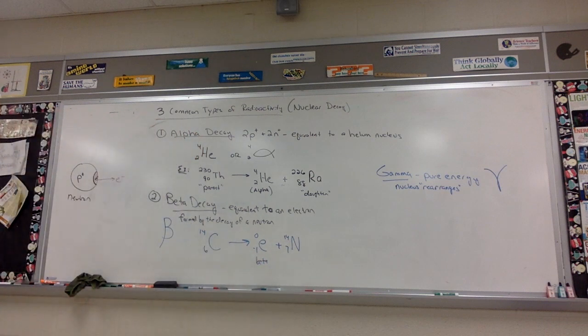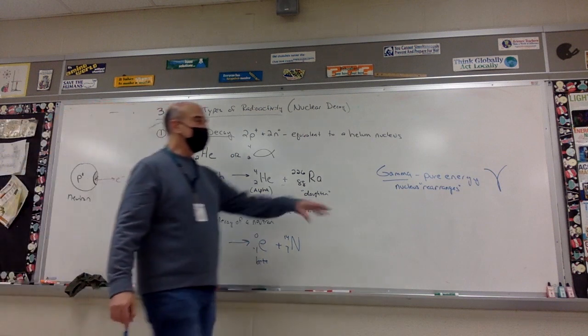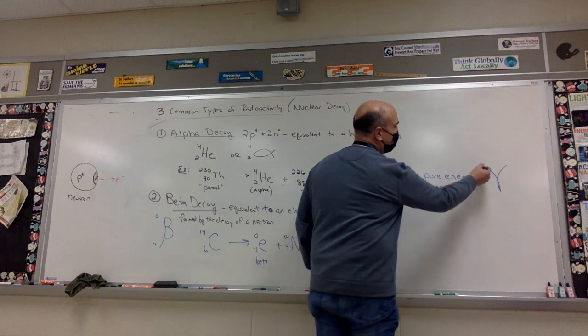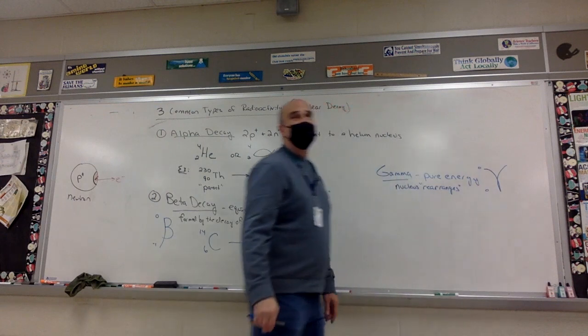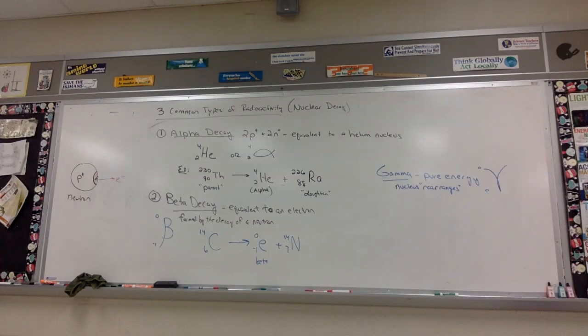It's part of the decay of the electron. But gamma, you might see it's kind of like a funny looking Y. If you'd see any mass number or atomic number on it, it would just be 0, 0. It's just pure energy. Everybody got that?